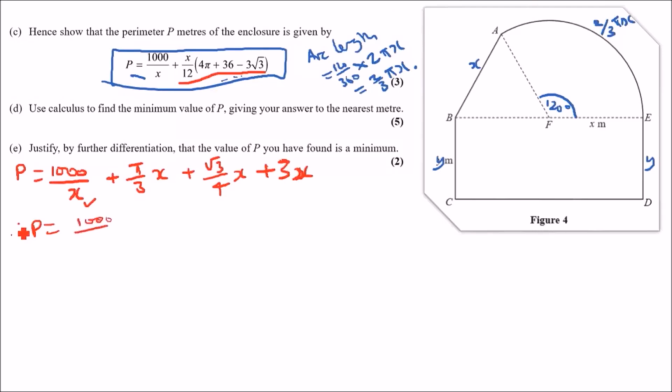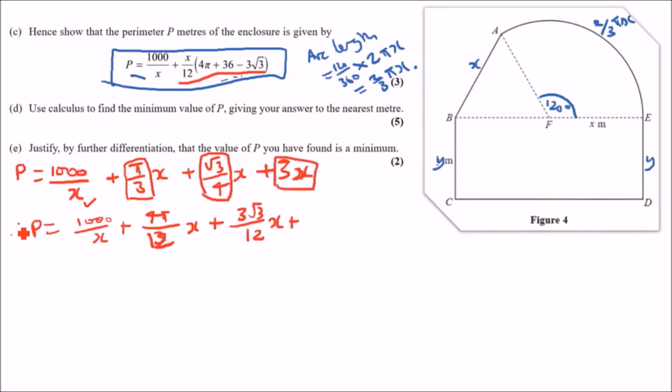So we're going to have 1000 over x plus, multiplying this term here up and down by 4 will give us 4 pi over 3 over 12x, plus multiply this term here by 3 up and down, so we have 3 root 3 over 12x, plus this term here up and down by 4. We're going to multiply by 12 obviously, so it'll be 3 times, and then times again by another 4.